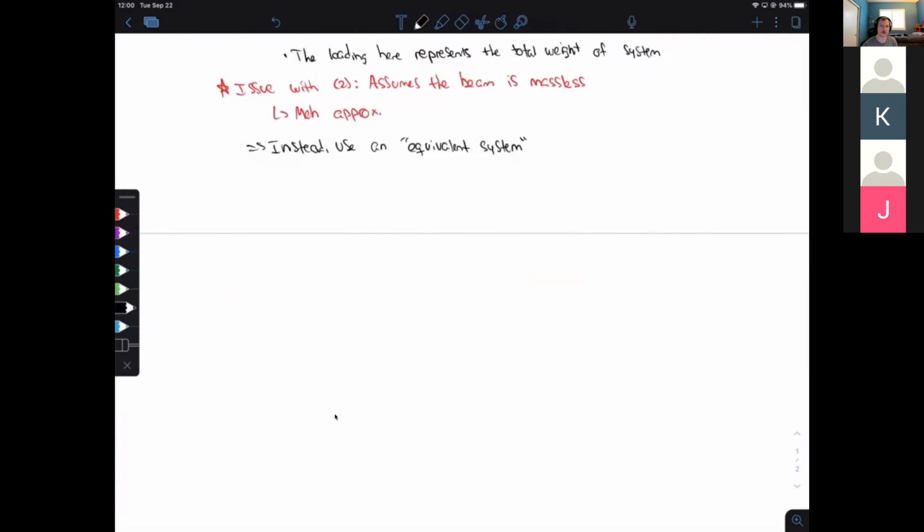This equivalent system is just going to be a spring mass system. We're going to have a fixed node right here, and we have our spring, and we have our mass.